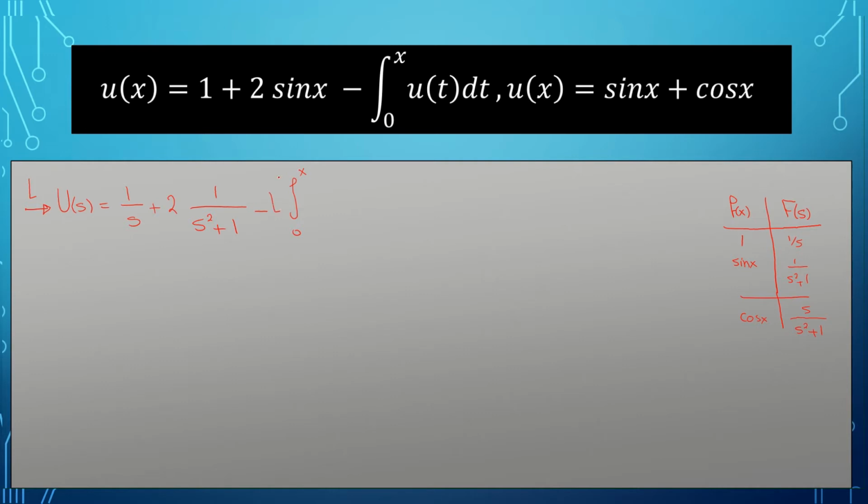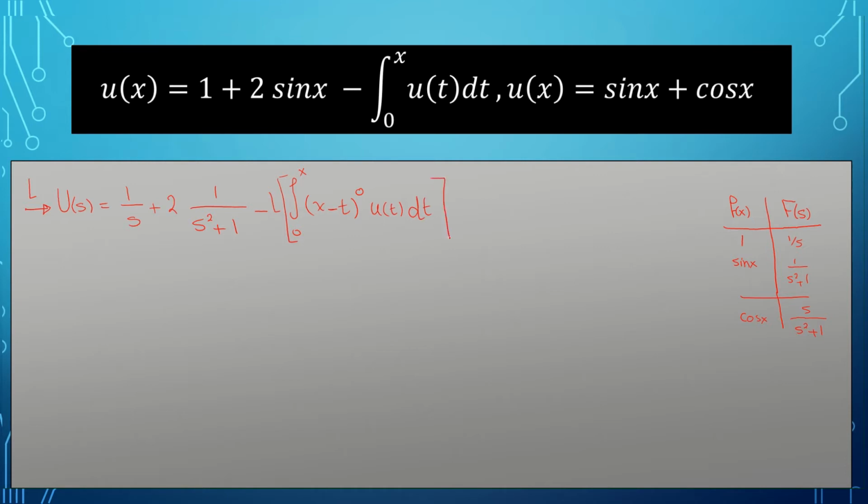We'll apply L on it. Let's write (x minus t) raised to 0, times u(t) dt.